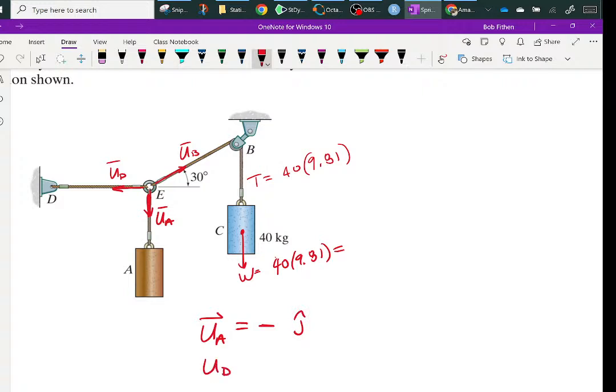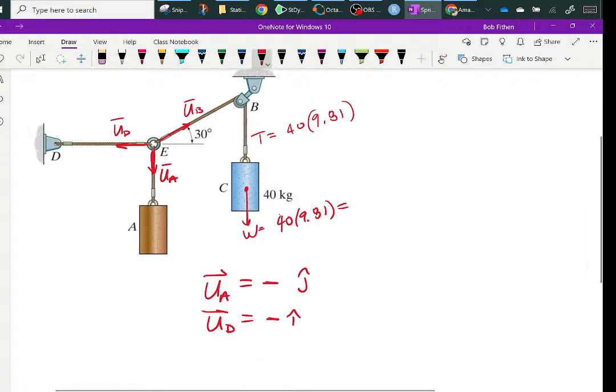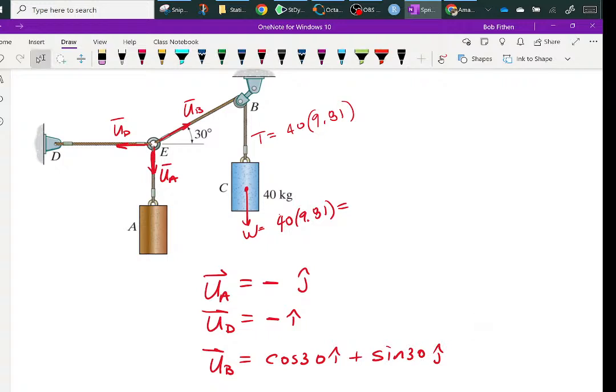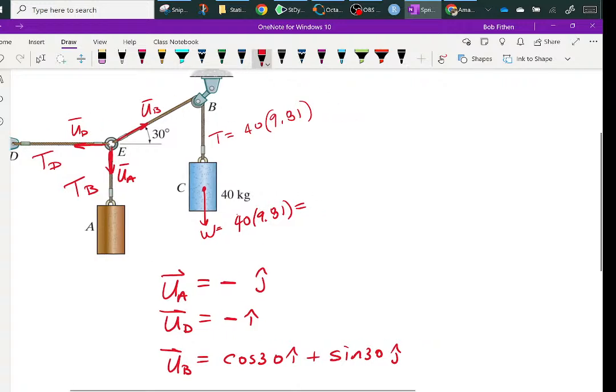Unit vector D is also really easy. And then unit vector B, the only complication, you get cosine 30 I, and then sine 30 J. Now immediately, I'm going to look at what the unknowns are. This and this. But I'm going to list them all together. Here's what I'm going to do.